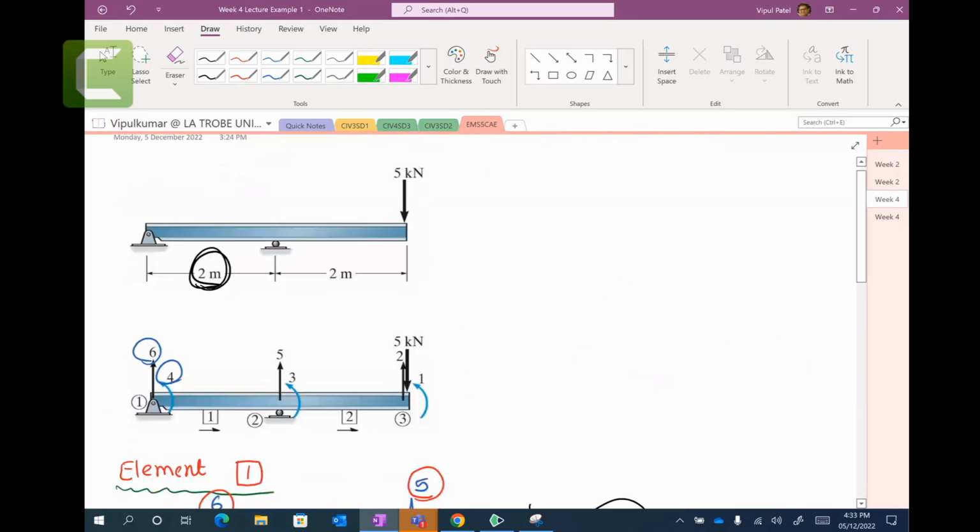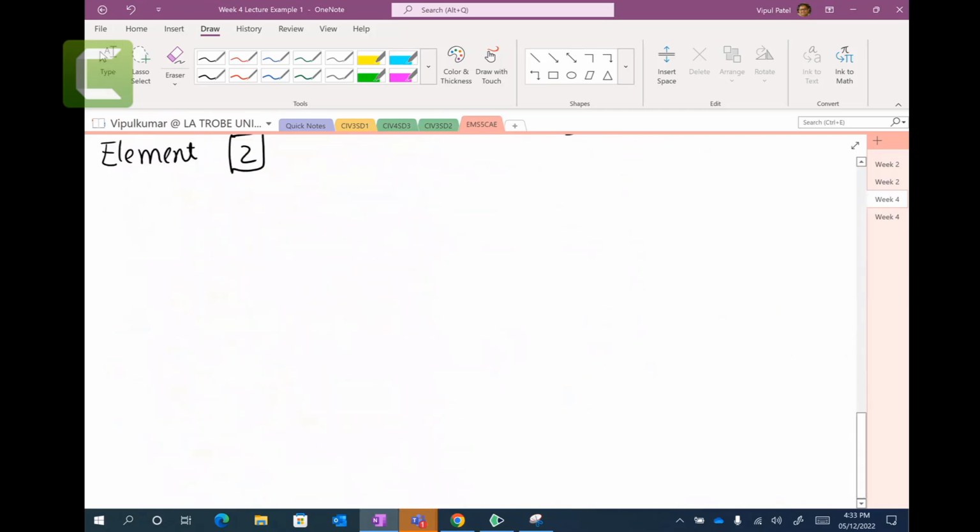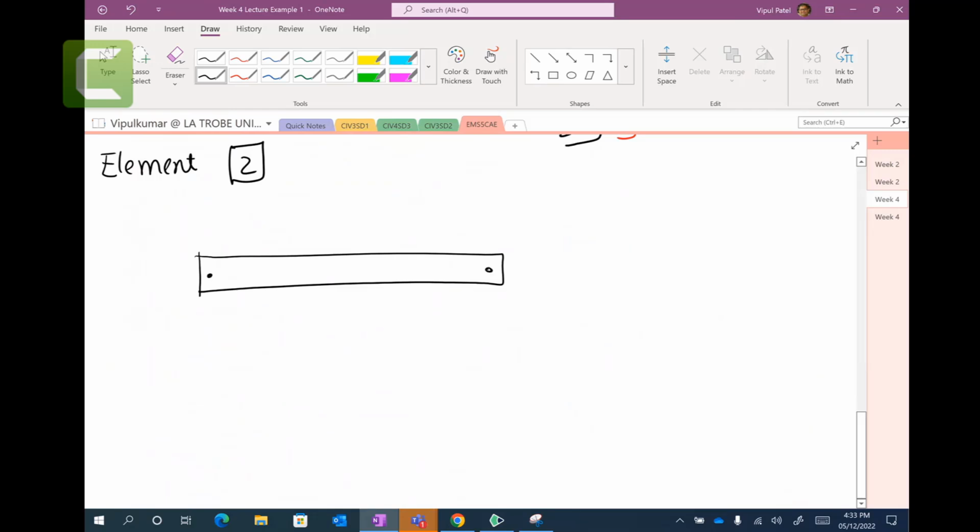What does element number 2 look like? Exactly the same. Here you go, element number 2. Oh, sorry, that is not ours. This one here, rotation. This one here, rotation.